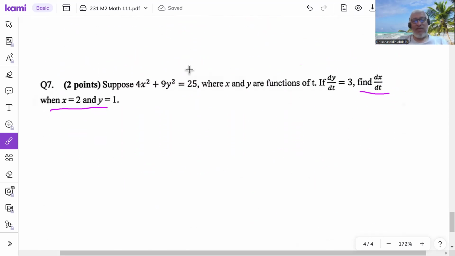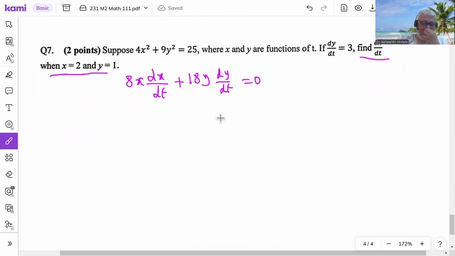So let us find the derivative of this equation with respect to time. What is the derivative of 4x squared? 8x times what? Times dx by dt. Chain rule, plus, because x is a function of t. What is the derivative of 9y squared? 18y times what? dy by dt.